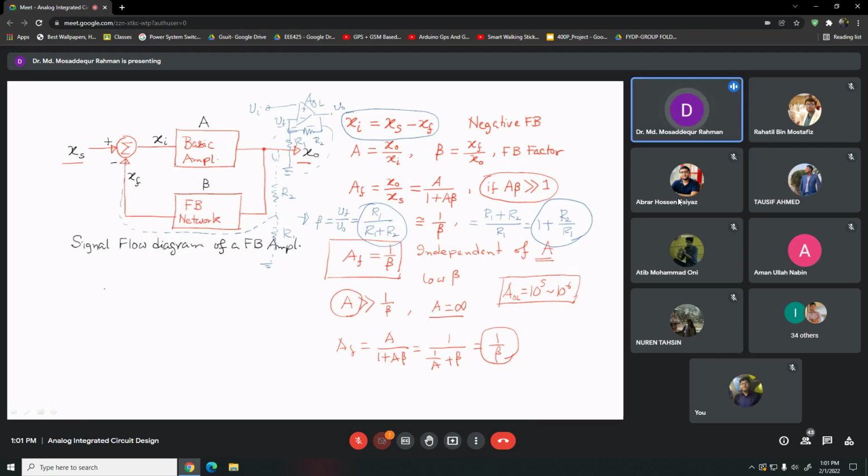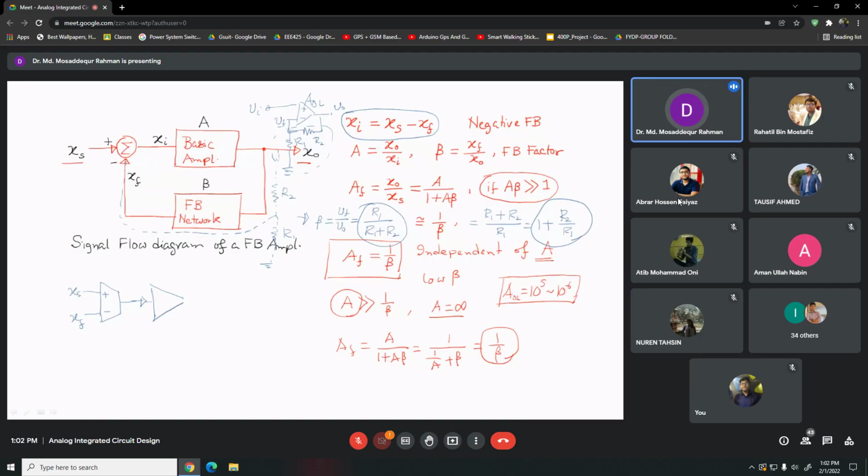So at the input side, we need to develop a mechanism that is able to take the difference between these two signals. One is our source signal, the other is the feedback signal. First we take the difference, and then we need to amplify, and this should have a very high gain, right?